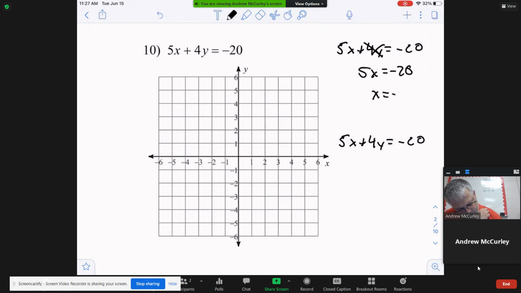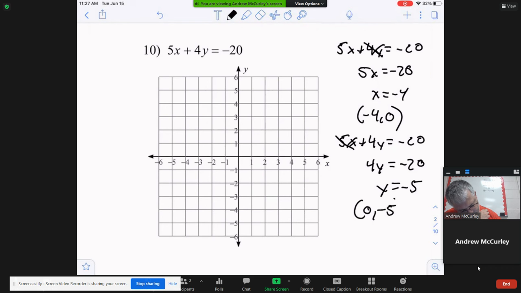Looks like x equals negative 4. So that's going to be (-4, 0). Get rid of the x. 4y equals negative 20. That looks like y equals negative 5. So (0, -5). So (-4, 0) and (0, -5). And that's our line. Connect the dots.